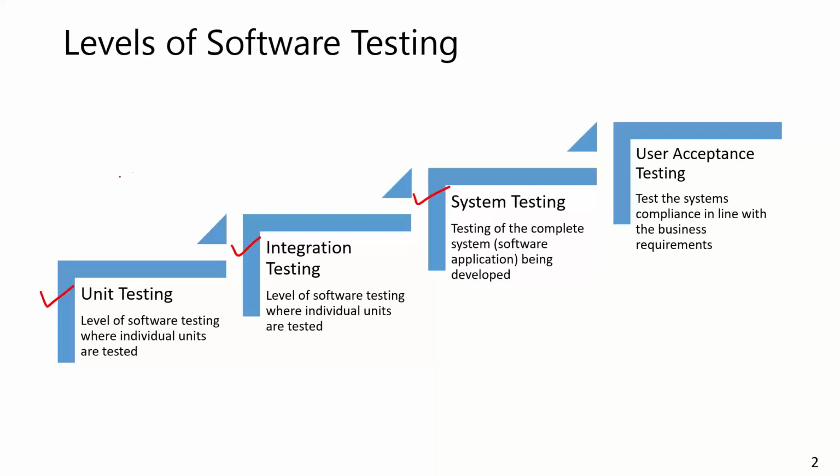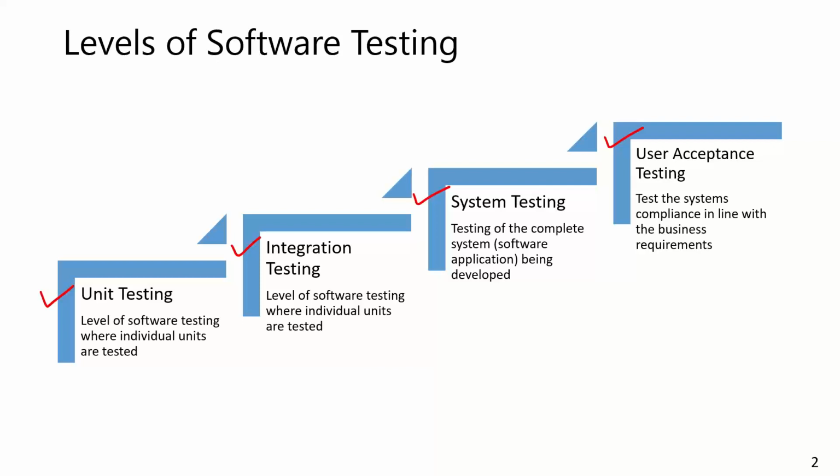Typically, all of this testing is done by the project team which is developing the software. Eventually, the application is handed over to the final user who is going to use the application. That testing, which is typically done at the client end who has given the requirement, is user acceptance testing.